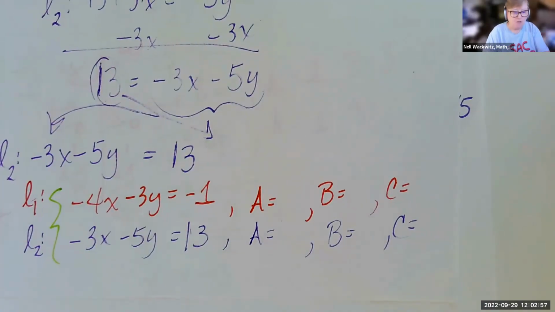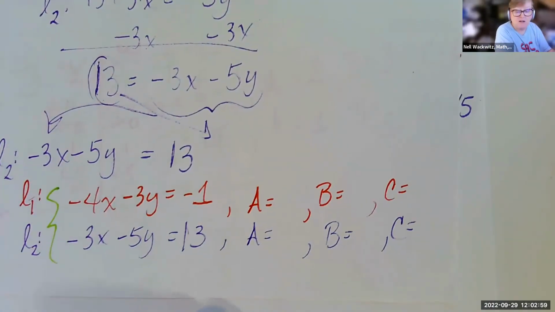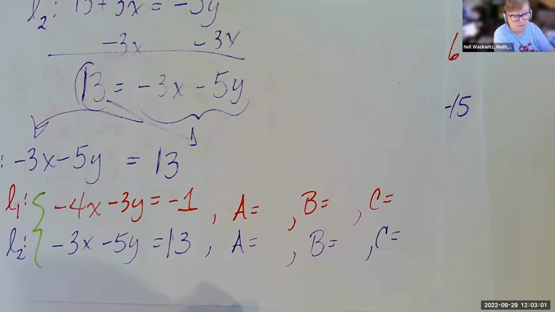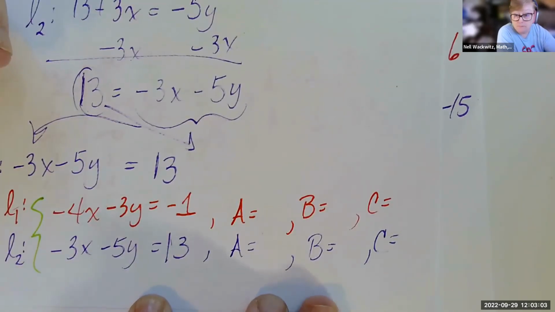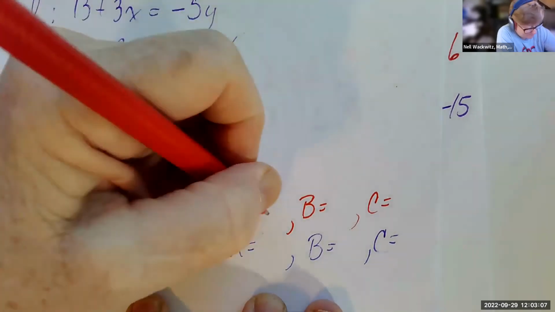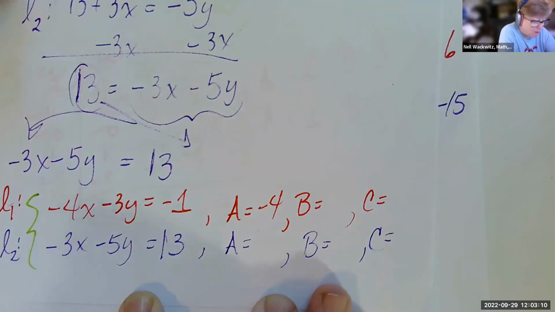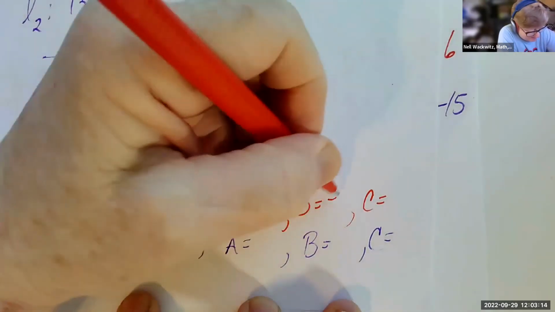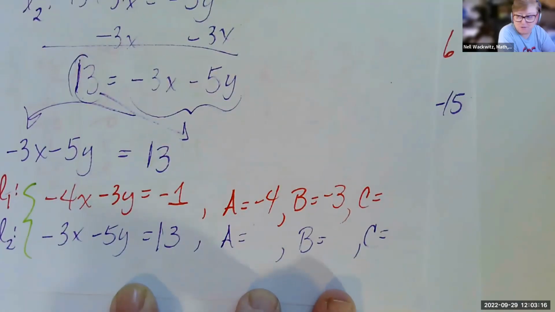So equation 1 or line 1, coefficient of x. -4. Marvelous. Coefficient of y. And the coefficient of the constant term.